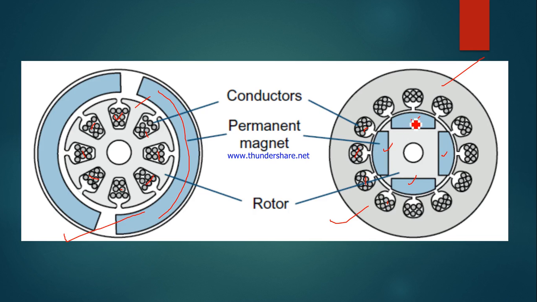Now, if I know the rotor position, suppose right now my rotor flux is here. So these are the magnetic poles at that position. If I am able to sense it, then I will energize these. If I energize this stator pole, then the rotor will rotate and align with this.